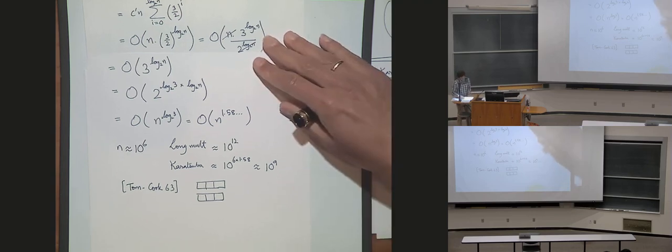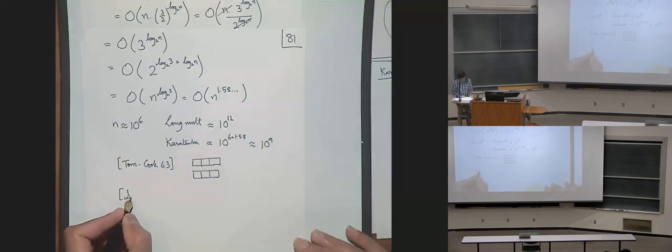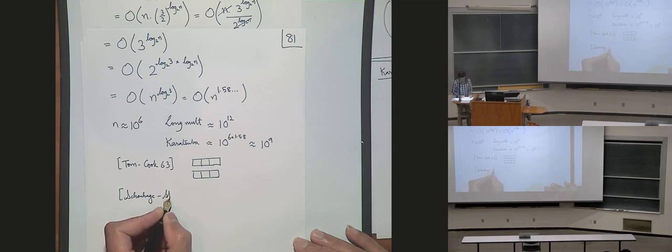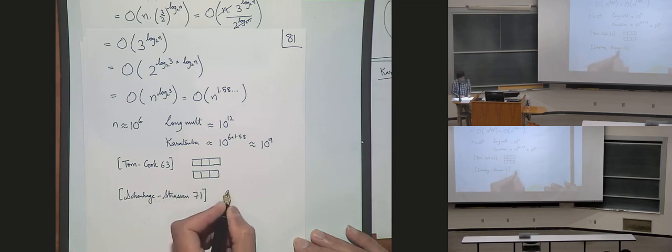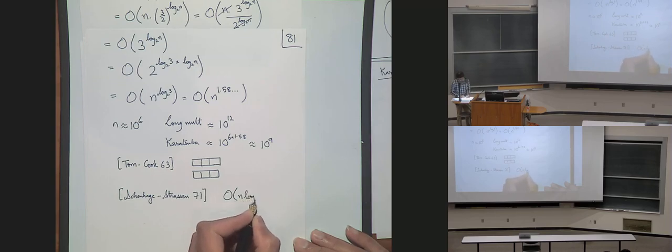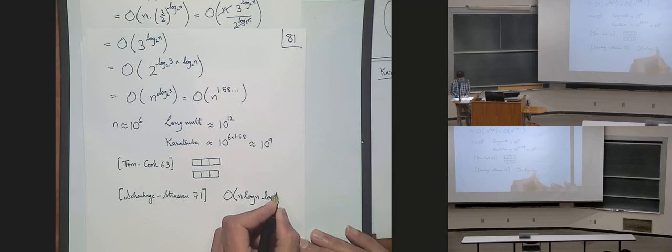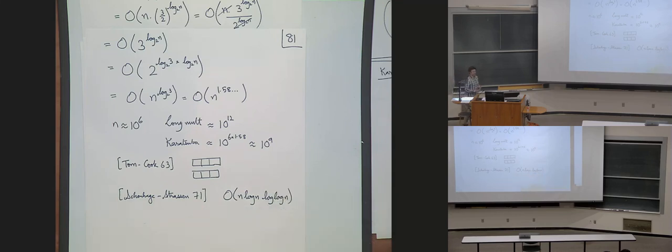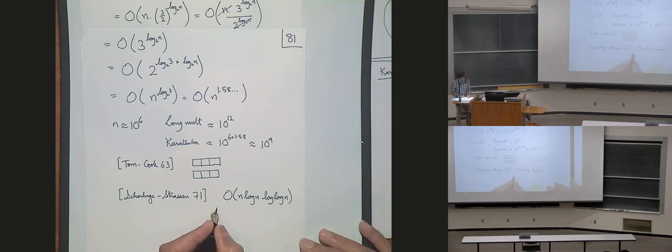But it didn't go that far until Schönhage and Strassen in 1971 got it down almost to, I mean, it's this funny log n thing at the end, but they got almost n log n, and they used something called the fast Fourier transform.